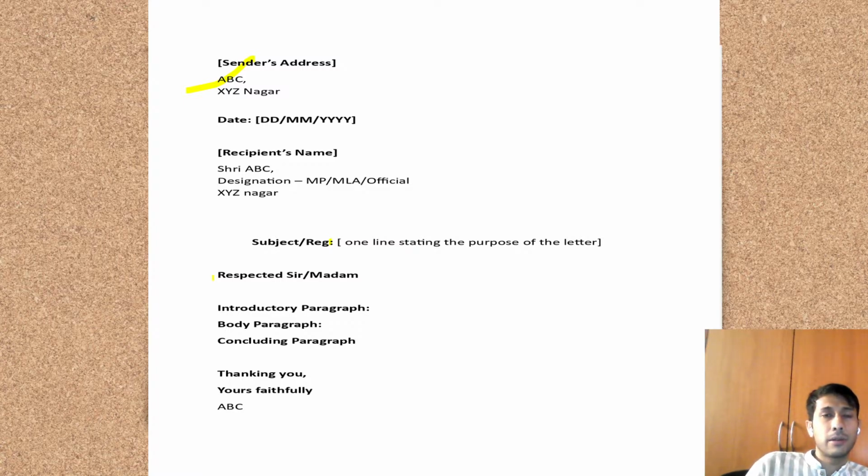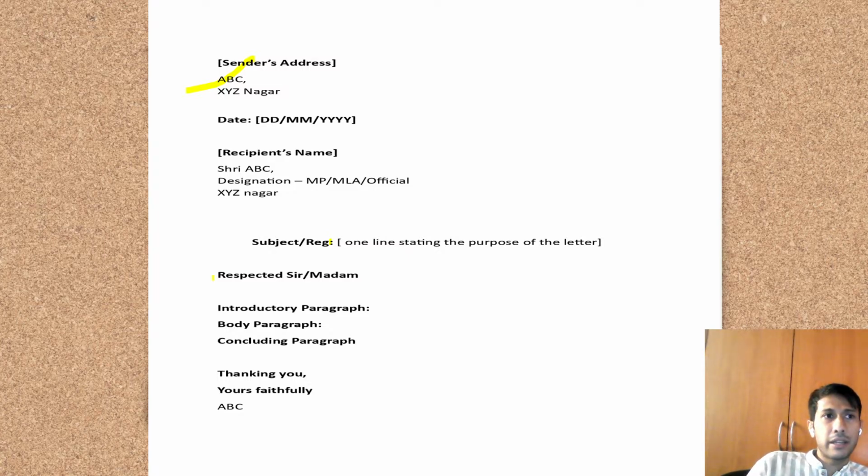My protests have been ignored, and my bike is very important for me for my daily commute to my office. And without the registration of FIR, I cannot even claim the insurance on the bike. That is the body paragraph where I give the facts of the case, what trouble I am facing. So generally the body paragraph will have what troubles I am facing, what is the impact of that. Very shortly, don't go into too much detail.